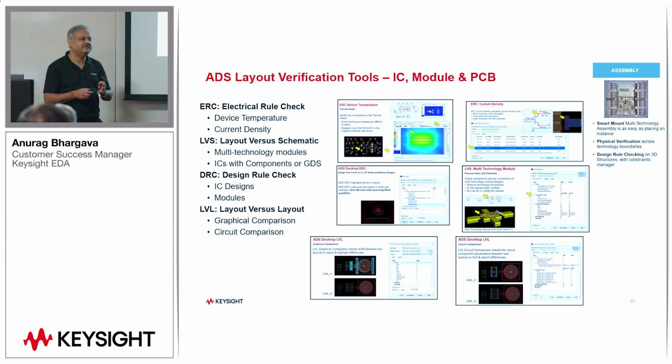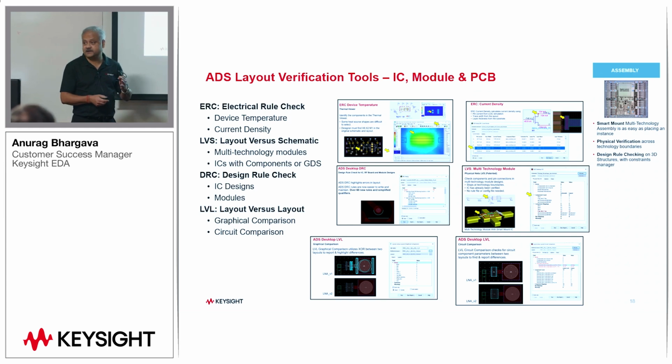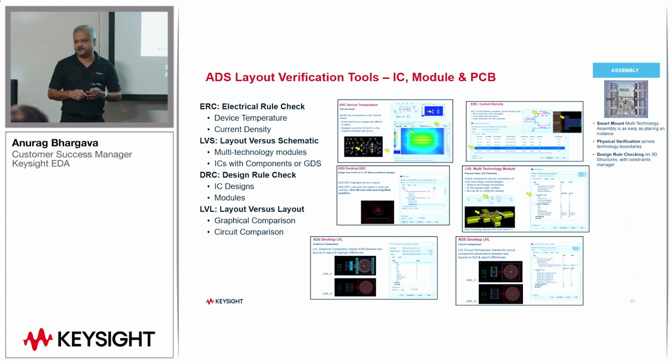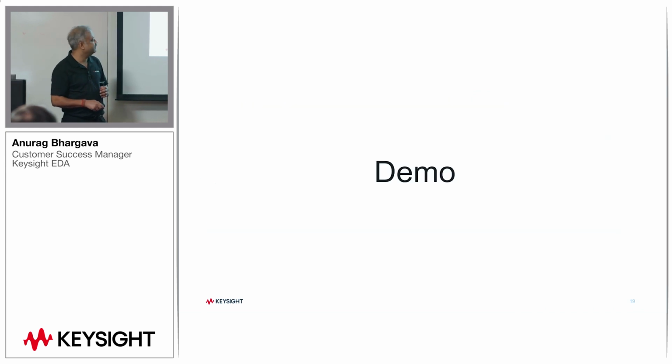How are you going to do LVS? How are you going to do DRC? It's a 3D DRC, right? It's no longer a normal 2D DRC. So the ADS DRC tool has features for both IC and module. It can do multi-technology LVS and DRC. So that's another benefit of adopting the ADS platform.